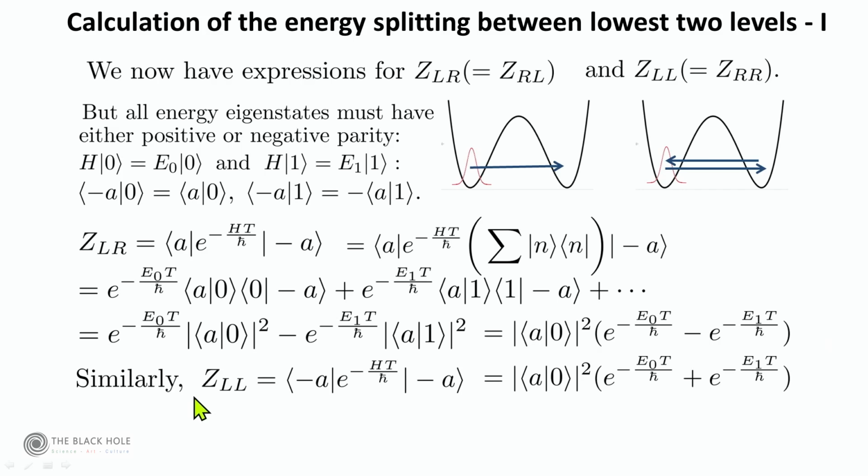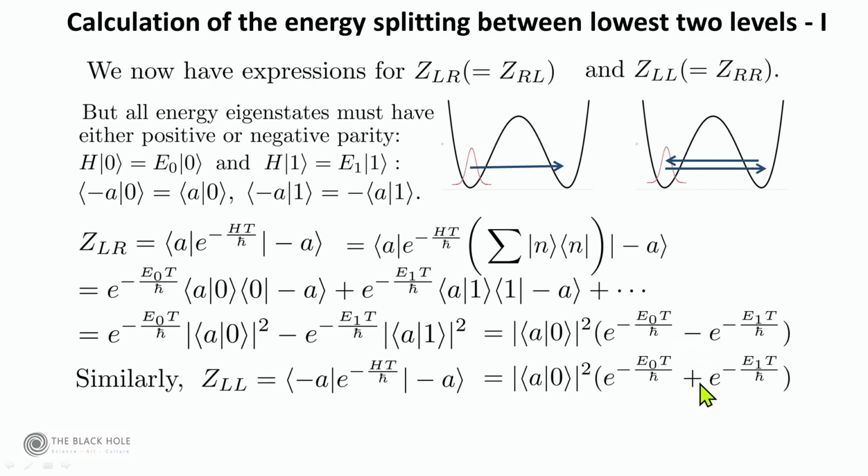Similarly, going from left to left, this left to right was going from here to here, but we can go from here to here and come back. And then I go from minus a back to minus a. The same evolution operator is stuck in over here. The difference is that instead of minus, I get plus.